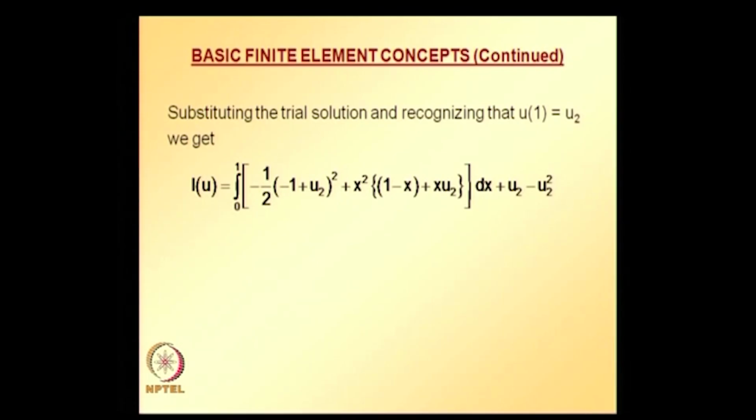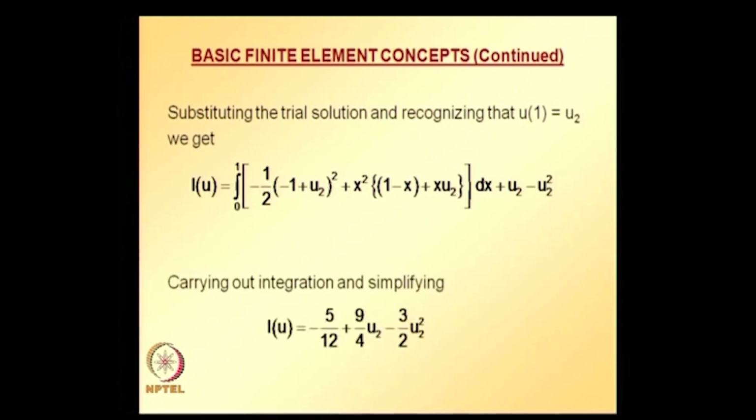Here I is a function of u, and u in turn is a function of u2. So I becomes a function of only u2, and if you simplify this equation by integrating, carrying out the integration and simplifying results in this equation.